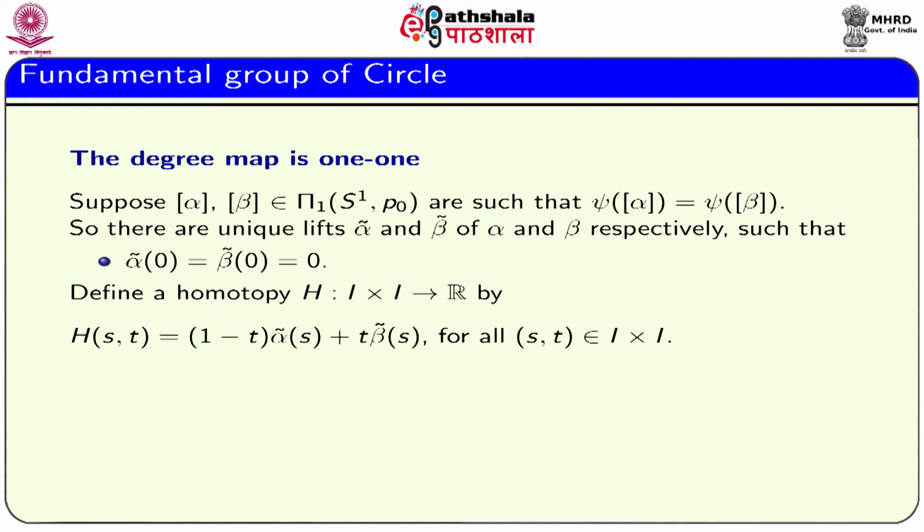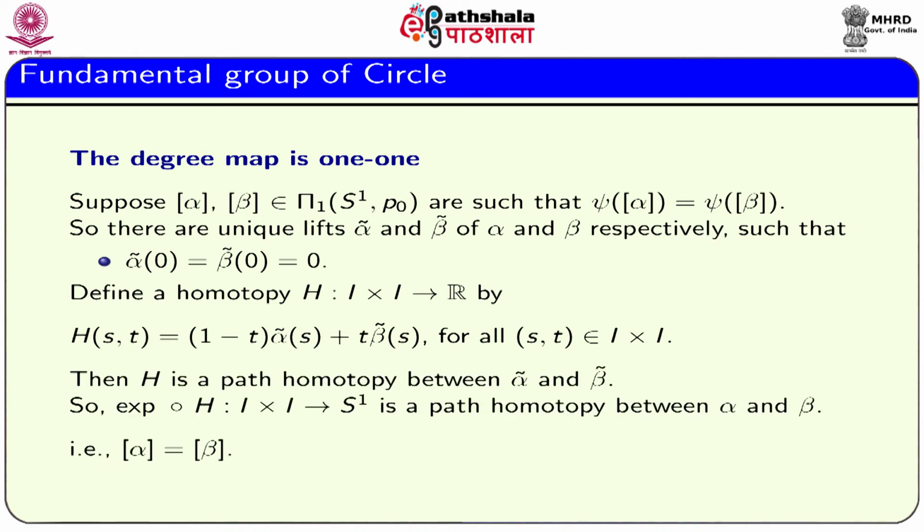So, we define a homotopy capital H by using the straight line homotopy, that is H(s,t) is equal to (1 minus t) alpha tilde s plus t times beta tilde s for any pair (s,t) in the product I cross I. Then H is a path homotopy between alpha tilde and beta tilde.